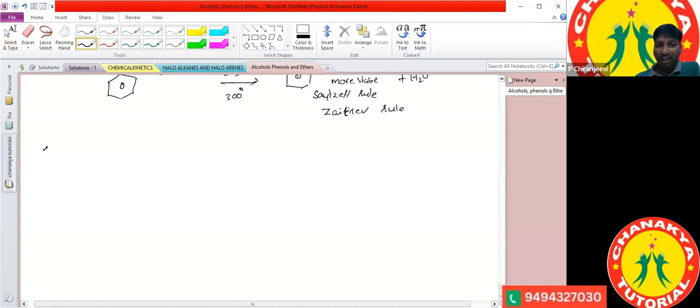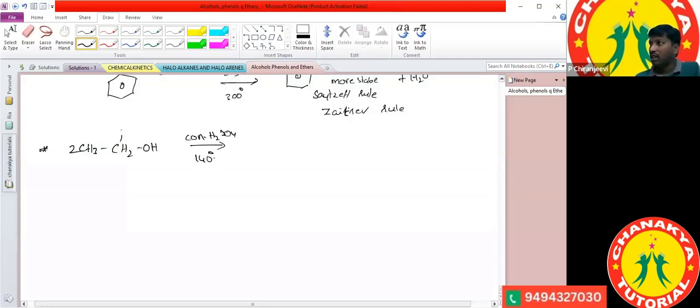Here, if the condition is changed, what is the condition? I'm taking alcohol, ethanol, CH3 CH2 OH. So 2 moles of ethyl alcohol are treated with concentrated sulfuric acid at 140 degrees centigrade.